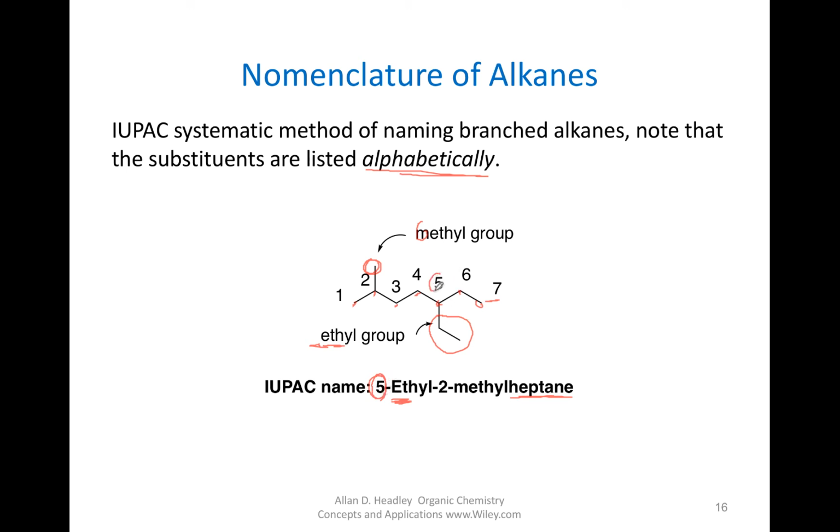It's in position number 5. Next comes the methyl, because M comes after E. So we have methyl heptane, and we indicate the position of that methyl with this number here. You can see it's very important to number your chains so that you can number the groups in the right position whenever you're coming up with a name.